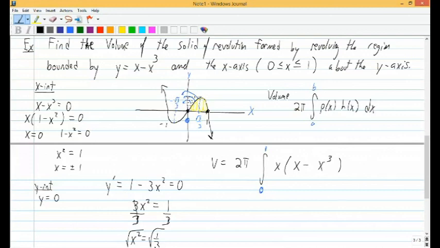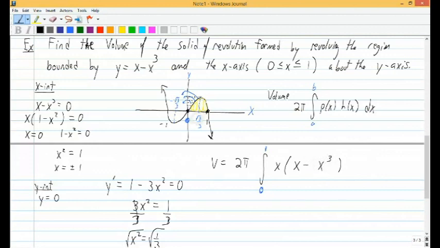We can check those heights if we want to. If we plug in a 0 for this height right here, I should have a 0 height. If I plug in a 1, what should the height be? It should be 0. 1 minus 1 cubed, 0.